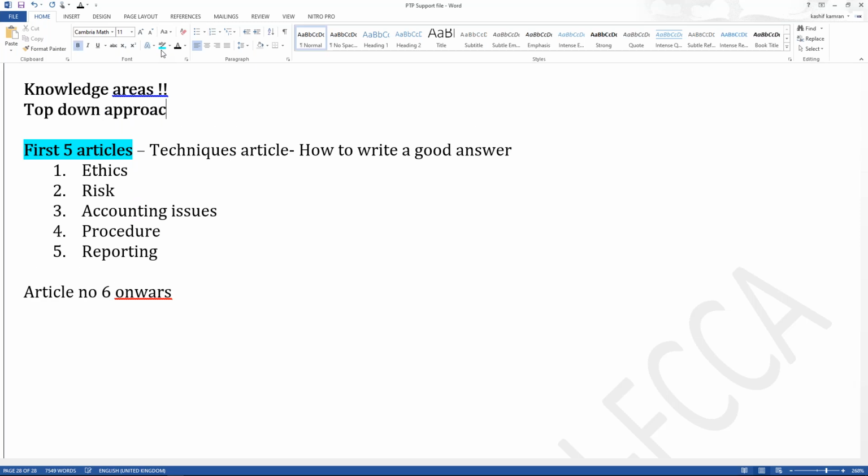So when you take a top down approach on the AAA technical articles, the first five articles are technique articles. Then the articles from 6 onwards, let's see what they are.